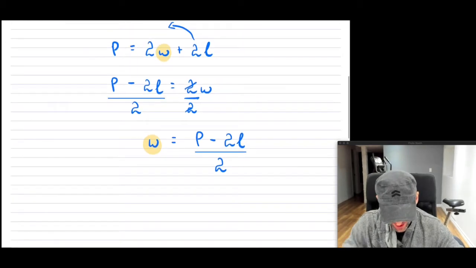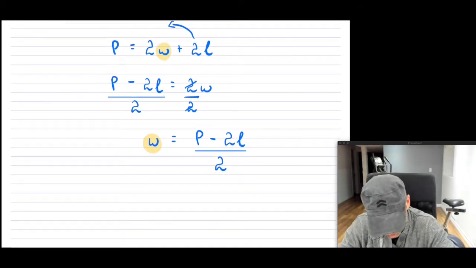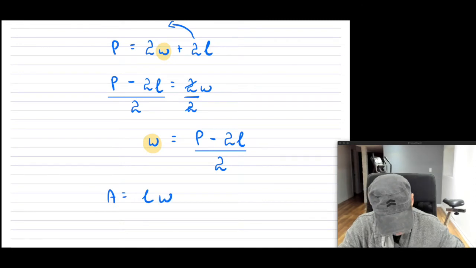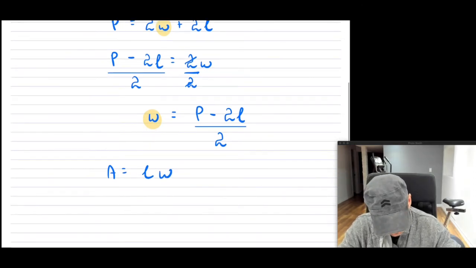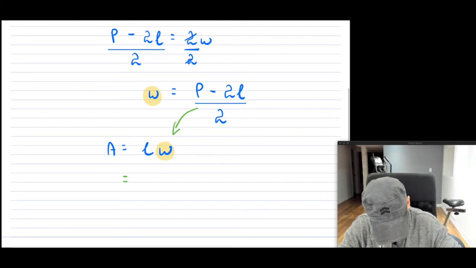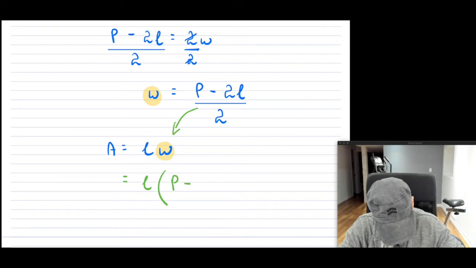Now, what is the area? Well, we know that the area here is simply equal to, as we said, length times width or width times length. But if I isolated for this W, I can substitute this back inside of here. And as I substitute this inside, I'm going to get L times (P minus 2L) divided by 2.